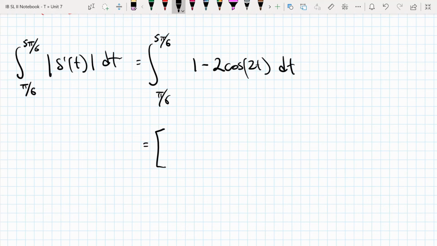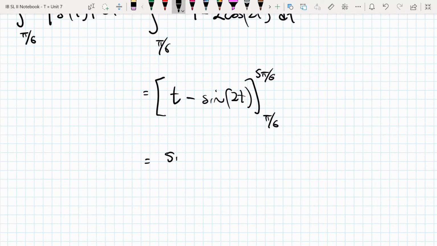So this becomes t minus, well, the integral of cosine is positive sine, and because of the chain rule, a 1/2 will come to the outside, which will cancel out the 2, and so this becomes minus sine of 2t, evaluated from pi over 6 to 5 pi over 6. So now we're going to plug in 5 pi over 6, subtract what we get when we plug in pi over 6, and then simplify, and that will lead to our answer.